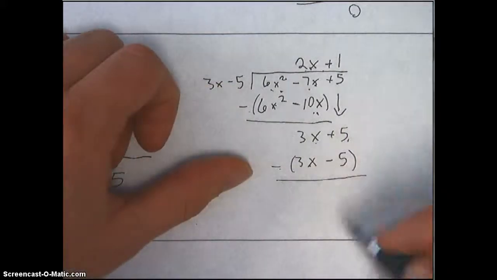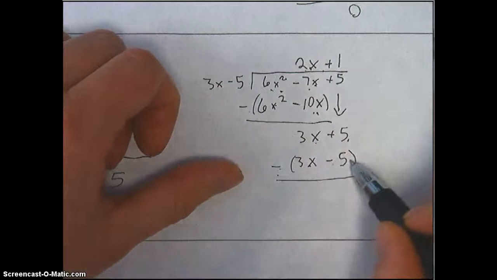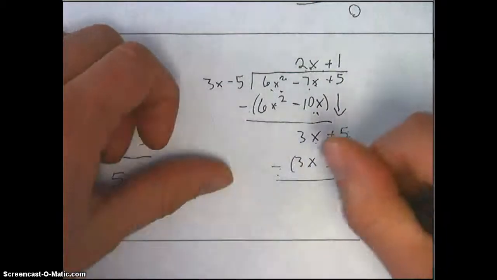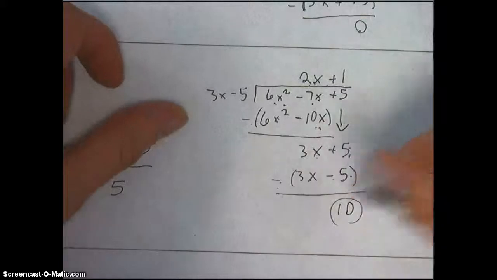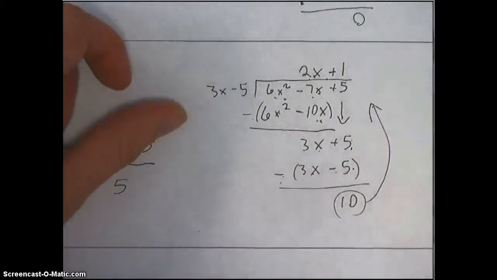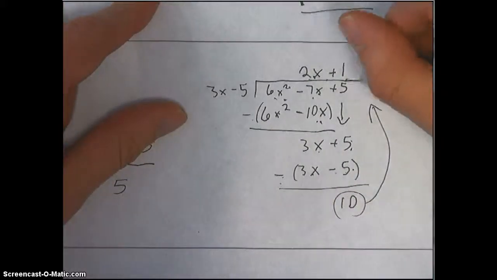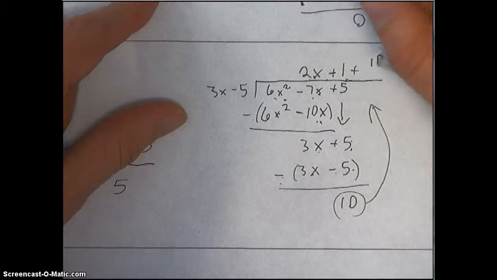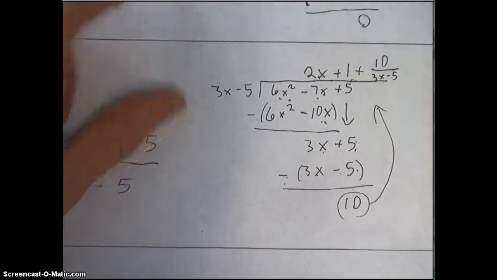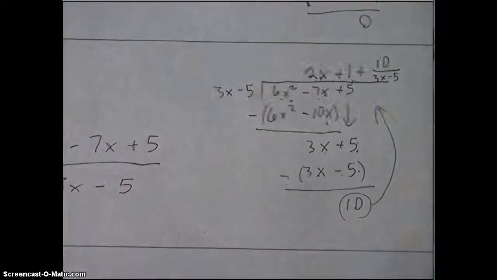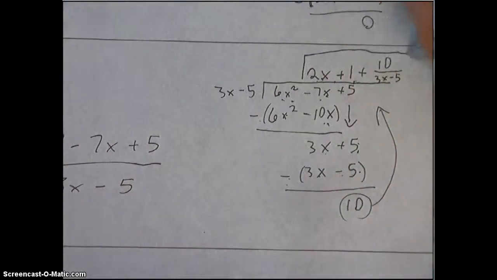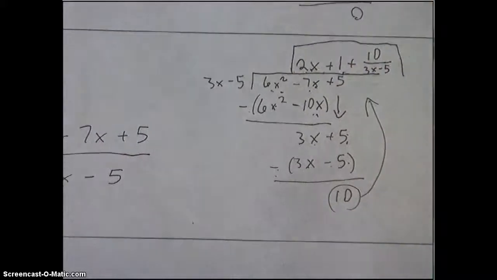And then 5 minus a negative 5 is the same as 5 plus 5, so that's 10. So that's our remainder. And we're going to bring that back up top. I'm going to write that as a fraction. So I'm going to write plus 10 over 3x minus 5. Like that. So the final answer here is 2x plus 1 plus 10 divided by 3x minus 5.